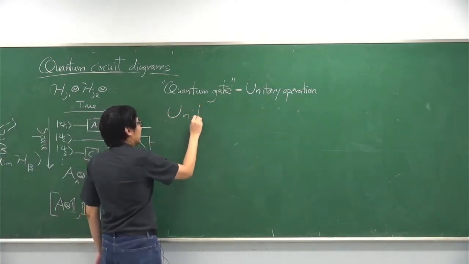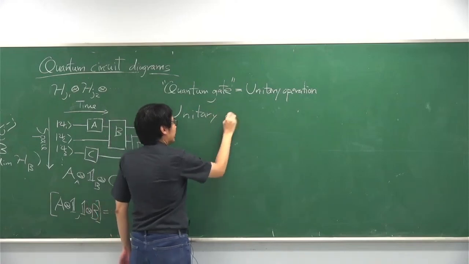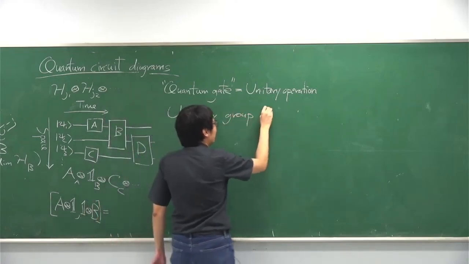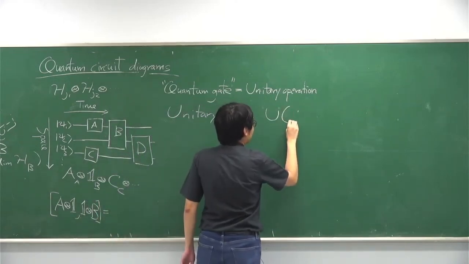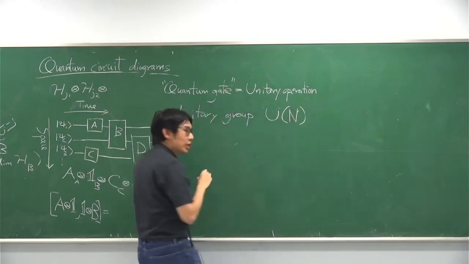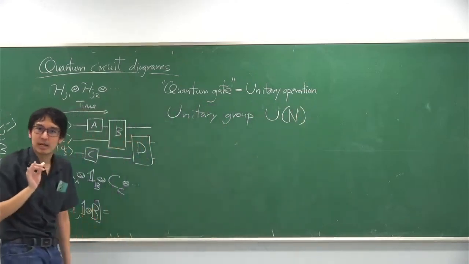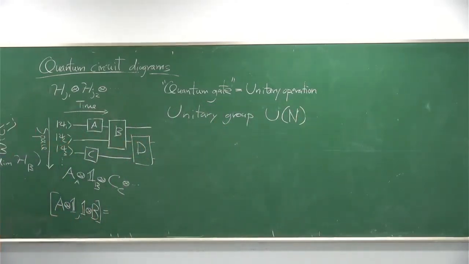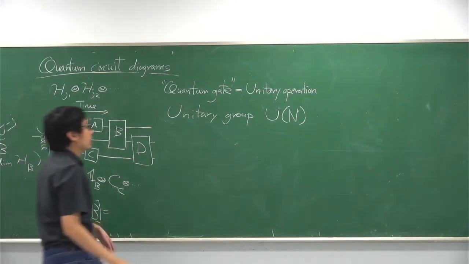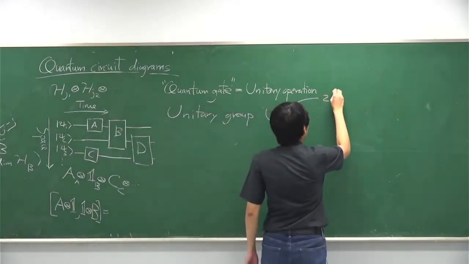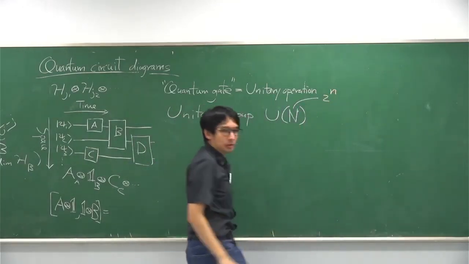Okay, so jargon. The unitary group on dimension n, this is not n qubits, by the way, right? Because if I have small n qubits, then the dimension is 2 to the n. So usually big N is 2 to the little n.